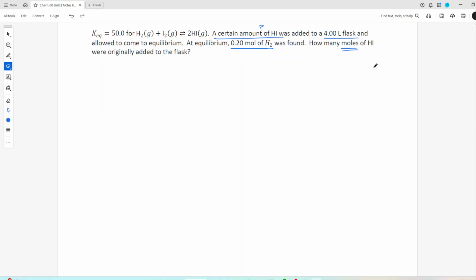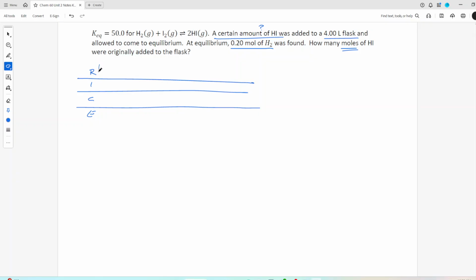So we've talked about concentrations at equilibrium. We've talked about initial amounts. So we're going to draw a RICE chart. The reaction is hydrogen plus iodine forms 2HI. Okay.